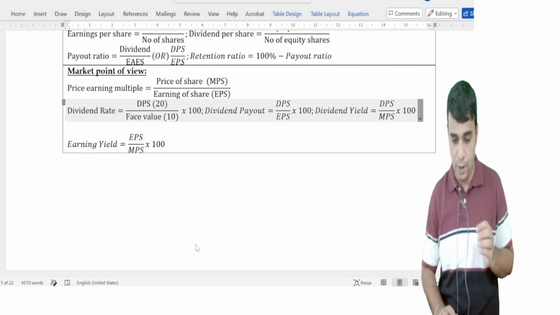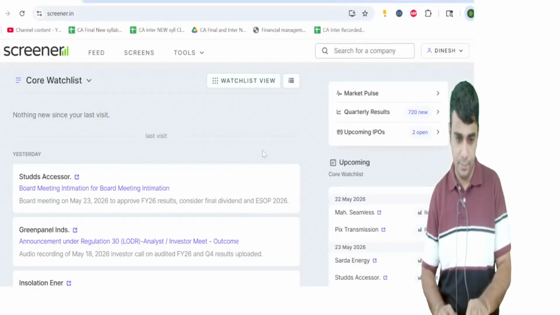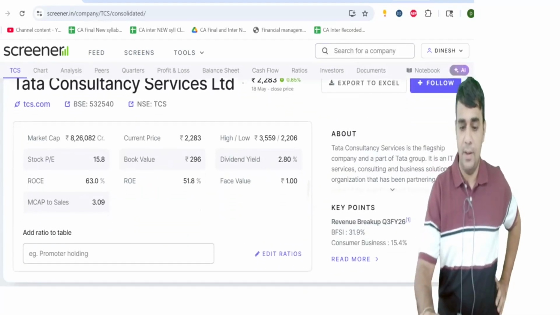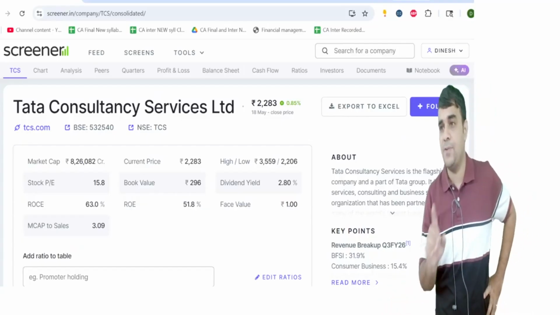So if you look at a company today, let's take the example of TCS. Their price is around 2283. Face value is only 1 rupee.